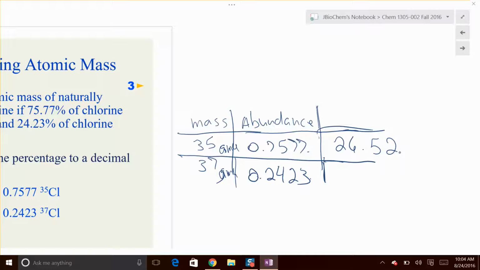How about the next one? 8.97. Okay, now all that's left to do is to add those two numbers together. 26.52 plus 8.97, what do you get?